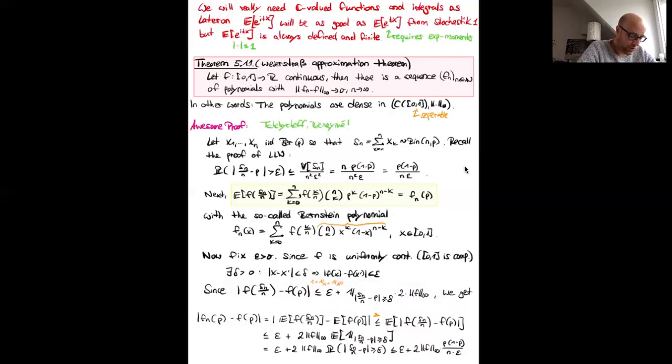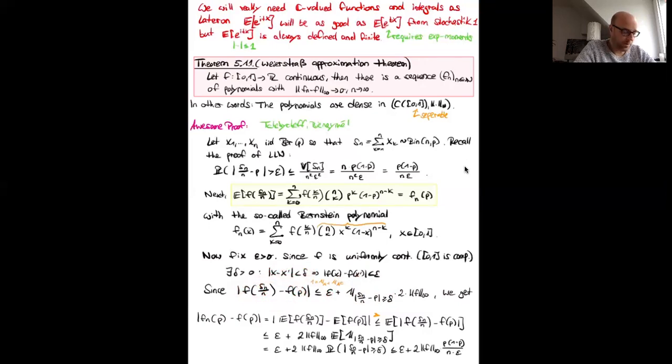The event of our choice is going to be the event that the absolute value of Sn divided by n minus p is larger or equal to delta, or its complement, which is the indicator of Sn divided by n minus p being smaller than delta. So if this is smaller than delta, then here this is x and this is x prime, then I know f of x minus f of x prime is smaller than epsilon. So on that event, this term here is smaller than epsilon.